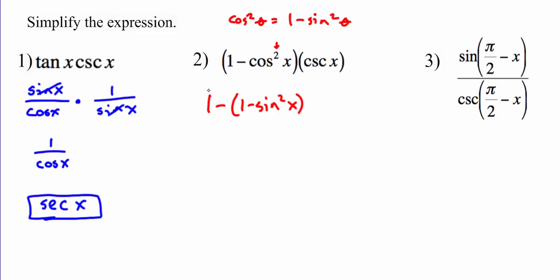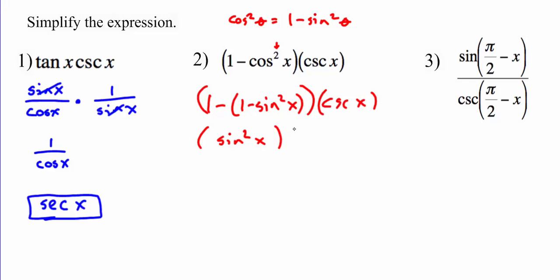Some of you may have noticed there's arguably a little bit simpler way we could have approached this. For now, I'm going to leave the cosecant of x alone. That simpler way would be to recognize that 1 minus cosine squared is just simply sine squared. Well, we're going to find that out here because 1 minus 1, those are gone, minus negative sine squared. So we've got sine squared x times cosecant of x.